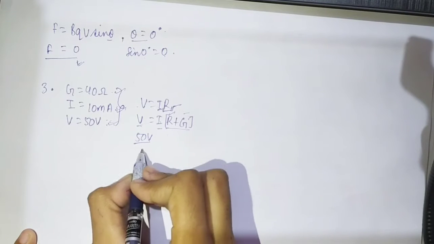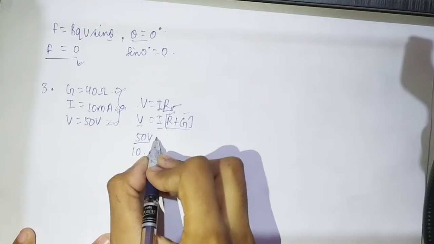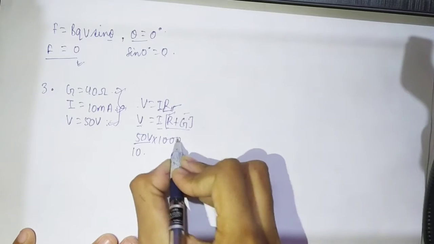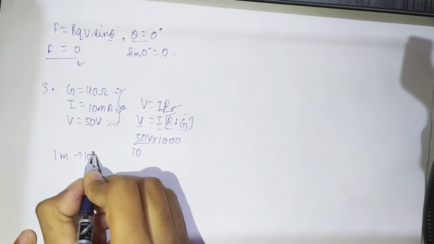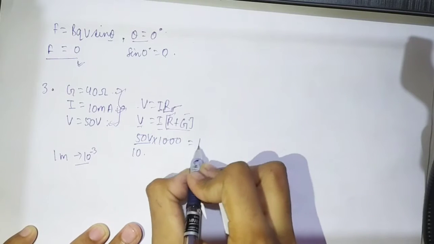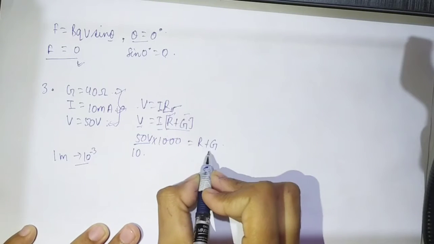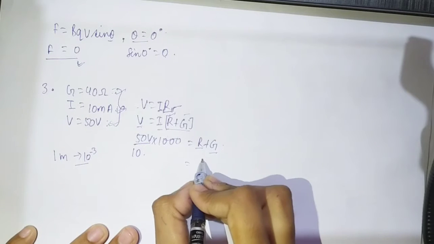Let us take this current on the left hand side, we will get 10 milliampere. Milliampere we will be taking upside, so we will be getting 1000 upside, because 1 milli is equal to 10 to the power minus 3. Now what we are left with here is R plus G. The value of R we have to find, G is given which is 40.